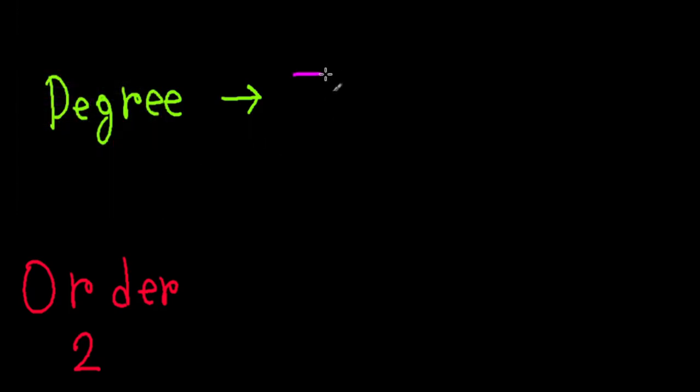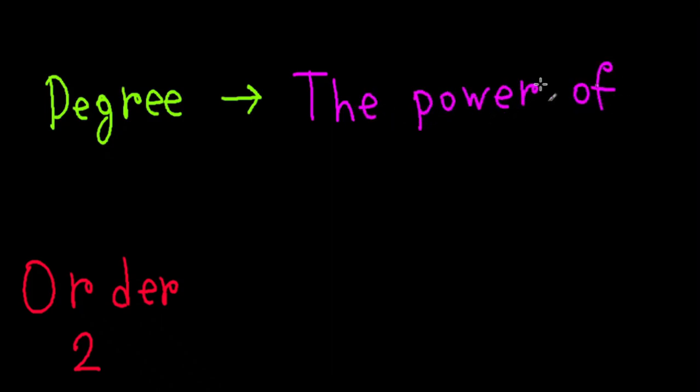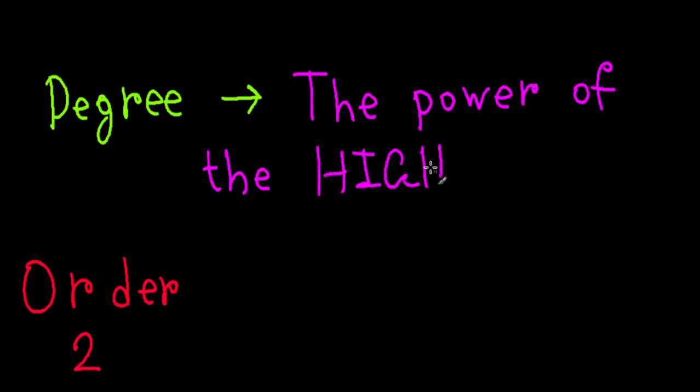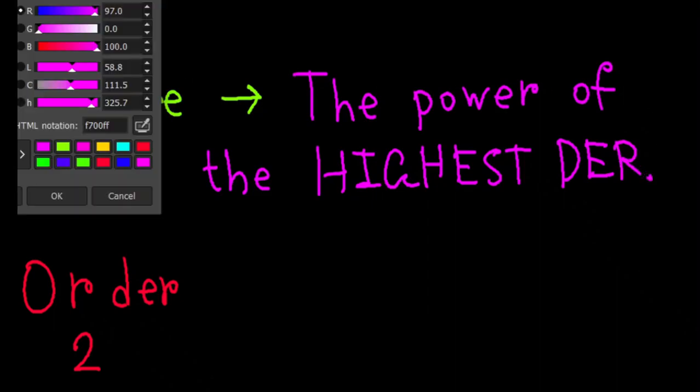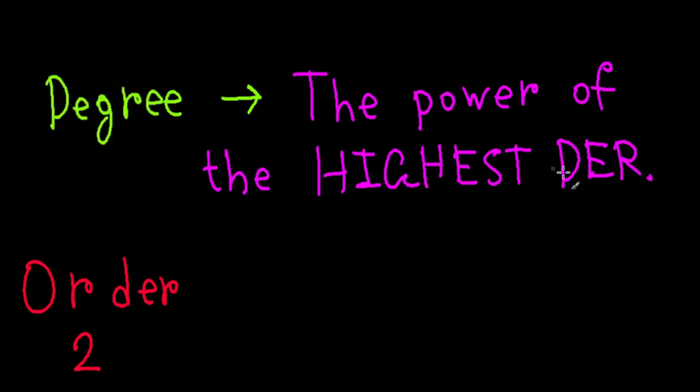Degree is the power, or the index or exponent, whatever you want to call it, of the highest derivative. The important thing to realize is that it's the power of the highest derivative.